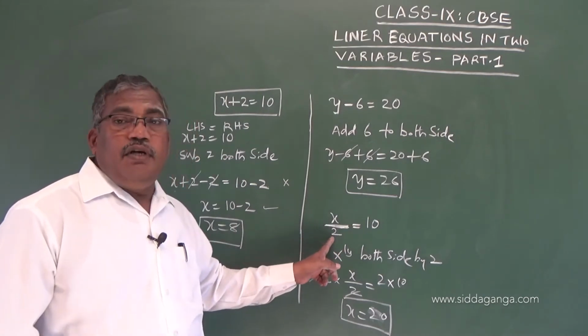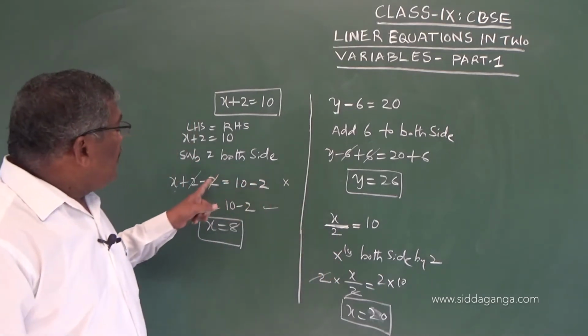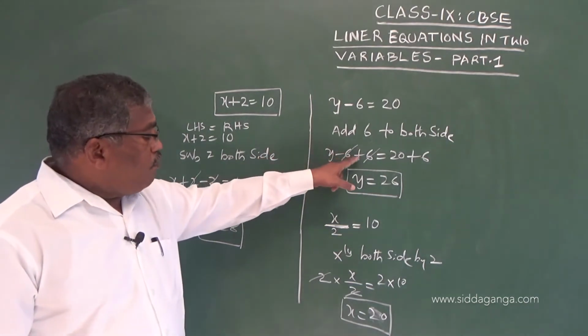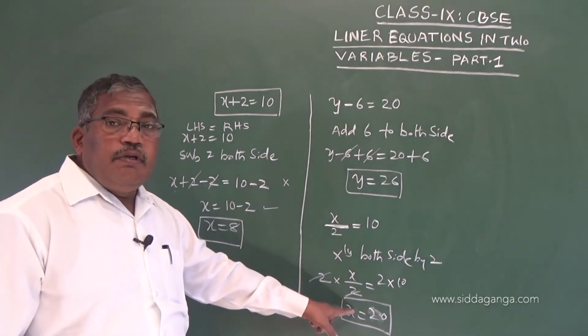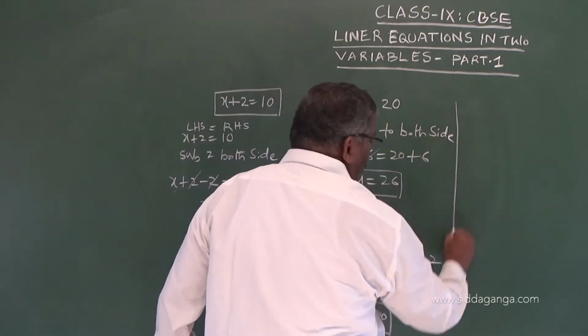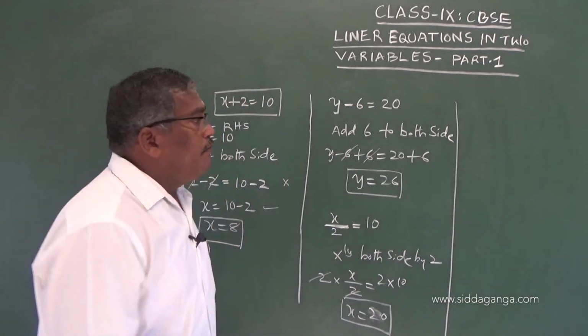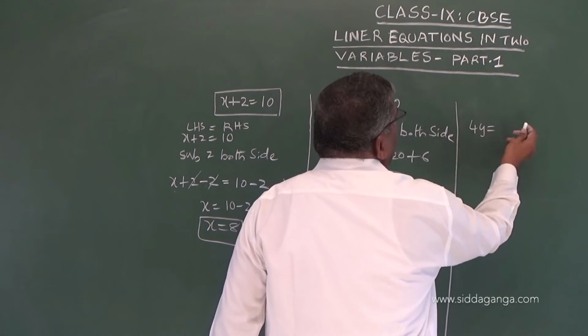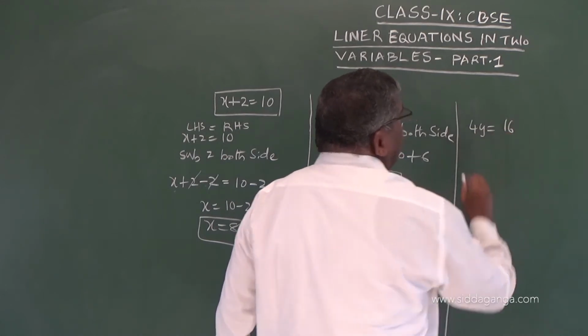So we can multiply both sides with a value. Here we can subtract both sides, or add both sides, or multiply both sides. Similarly, we can divide also. You can see this example. Suppose I have 4y equals 16, let us say.